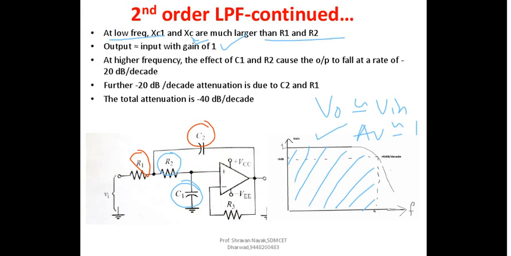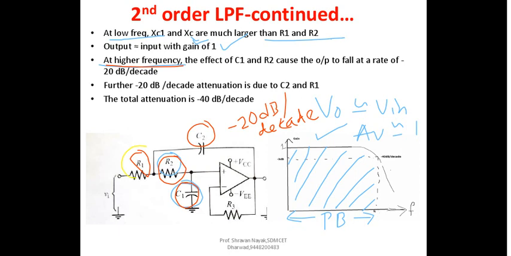Now at higher frequency, the effect of C1 and R2, the first ladder, is to cause the output to roll off at a rate of minus 20 dB per decade, right? And that is not going to end there, and you have one more ladder, that is R1 and C2.